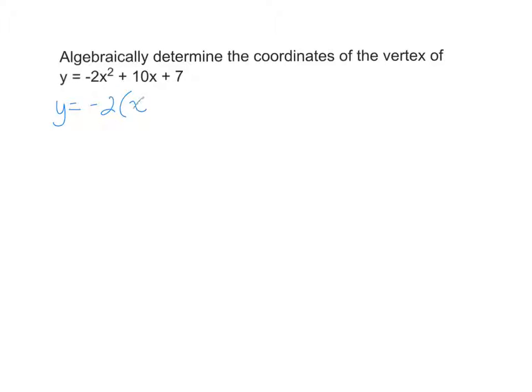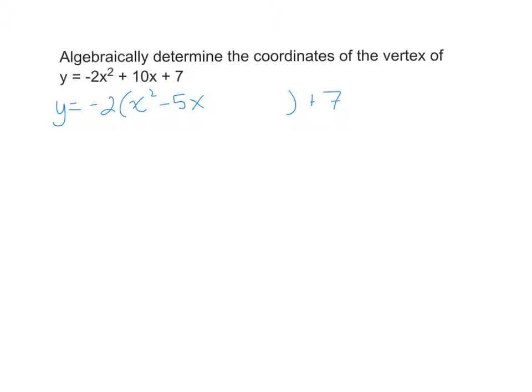This becomes x squared. And then 10x divided by negative 2 is negative 5x. I'll leave that space, and the plus 7 stays on the outside. That's the first step: factor that negative 2 out of the first two terms.